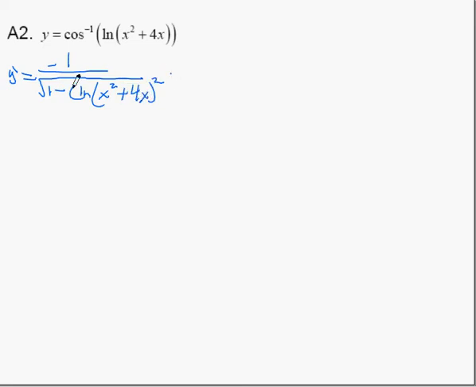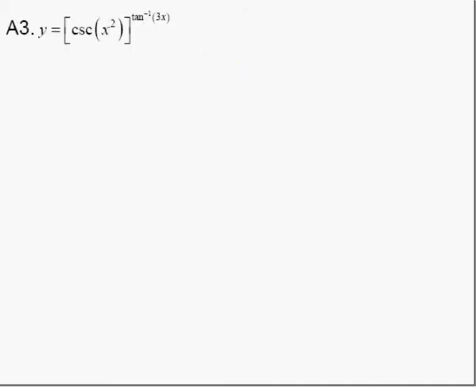That gets multiplied by the derivative of this part. The derivative of ln of x squared plus 4x is 1 over x squared plus 4x, multiplied by the derivative of x squared plus 4x, which is 2x plus 4. The only real way to simplify that is to put it on top here. It doesn't really make it any easier, so we'll leave that alone and go to the final question in part A.